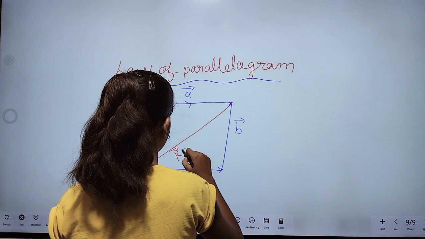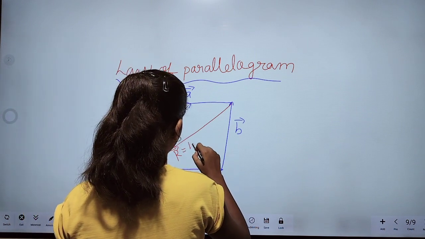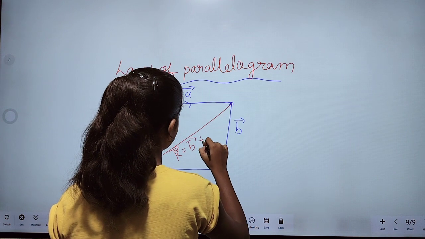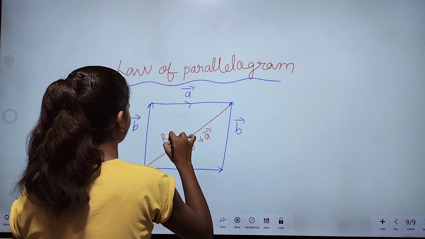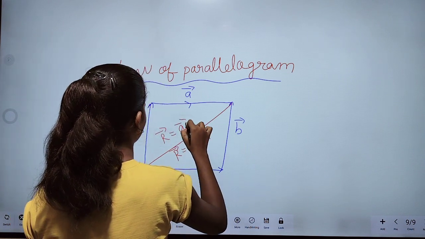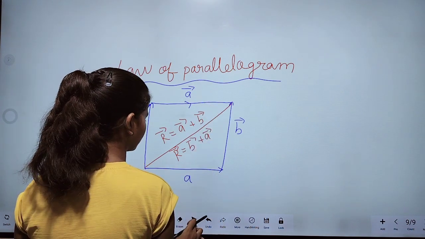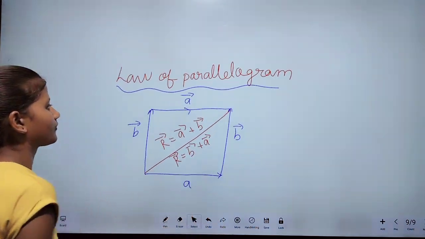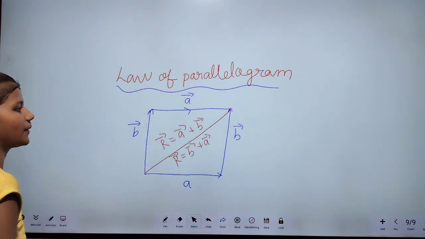R vector is equal to B vector plus A vector, and this R vector is equal to A vector plus B vector. Okay, this one is the mirror. This one is the parallelogram.